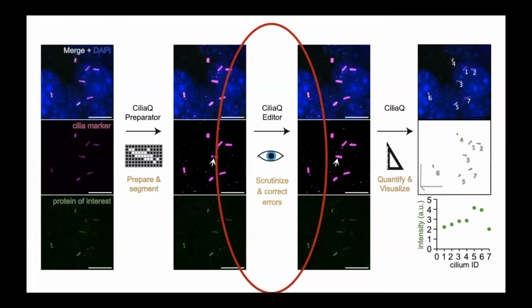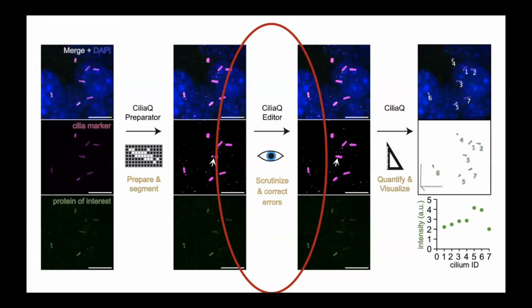For example, if you choose to remove falsely detected objects in one of the images, you should do this for all the images. And if there are a lot of errors present in your images, it might be useful to try a different segmentation method first and then go through the CiliaQ Editor.